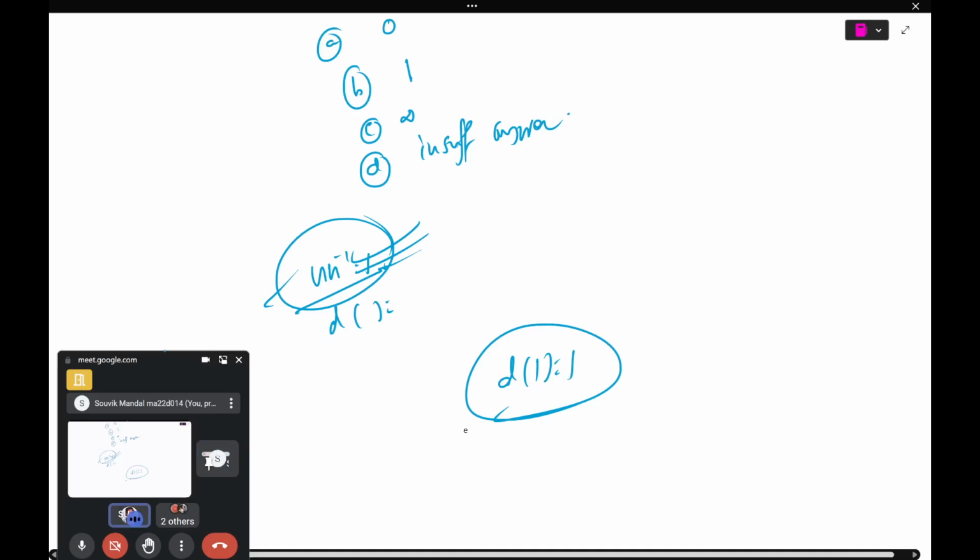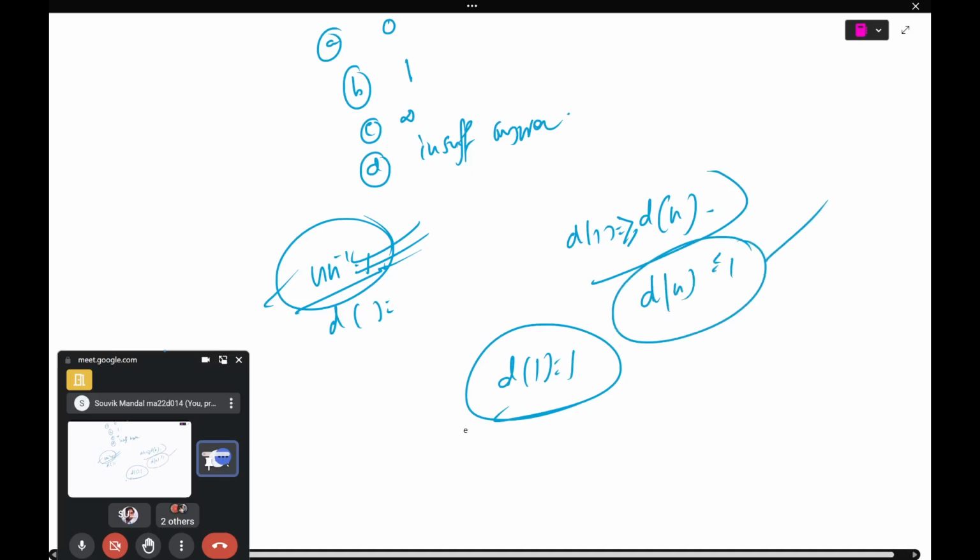D of 1 is greater than or equal to D of u. This is one side.